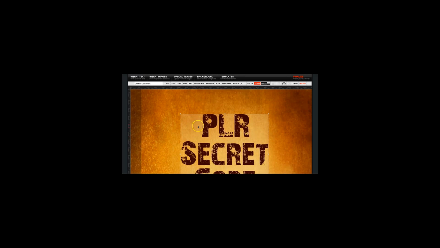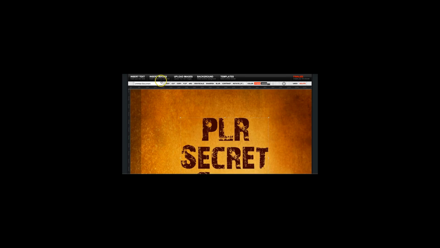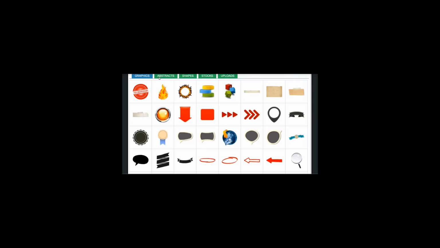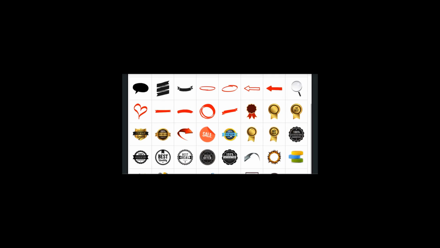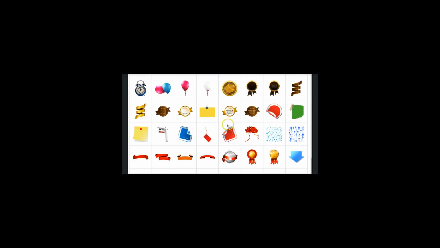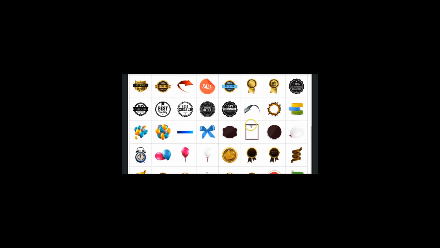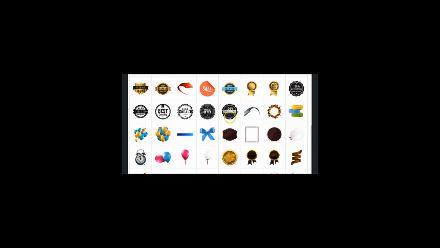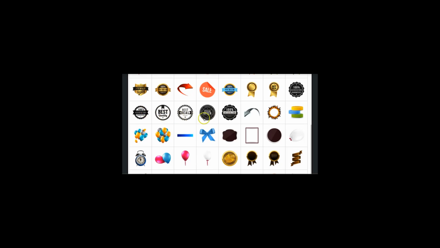For example, I want to add some specific graphics, and I will insert some image from the software collection. I'm gonna have, let's say, one of those badges, which one would work?